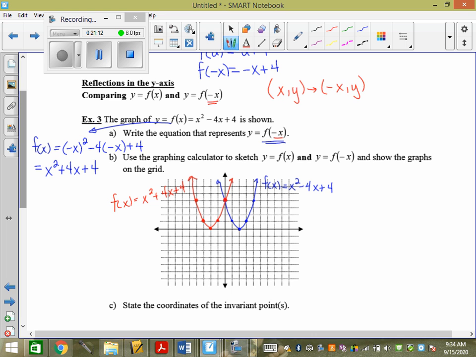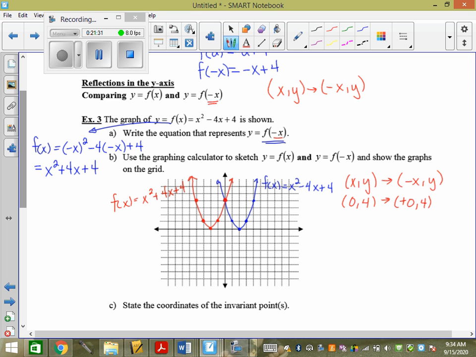If you're like, dude, where'd you get all those points from? I just negated the x's this time. But if it's not for you, go like this. xy becomes negative xy. So I'm going to get 0, 4 becomes negative 0, 4, which is not actually true. So that's just a plus.